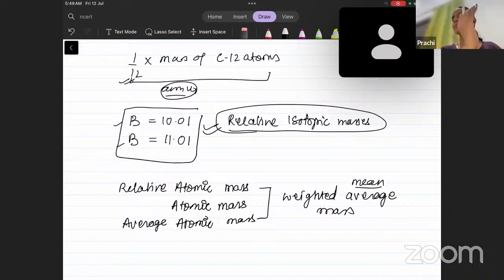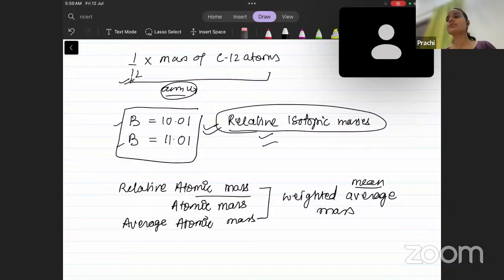Now, considering the percentage abundance and the relative isotopic mass, I'll calculate the relative atomic mass. So what you see in the periodic table are the relative atomic masses. They are not the individual isotopic masses. I take the weighted average of the isotopic masses and then I get the atomic masses, right?